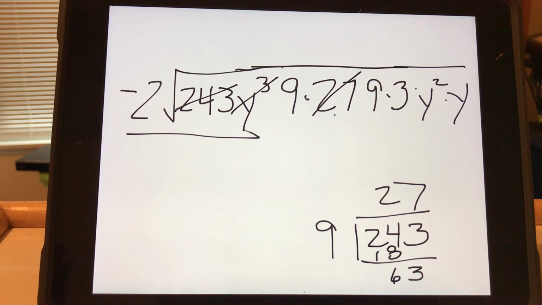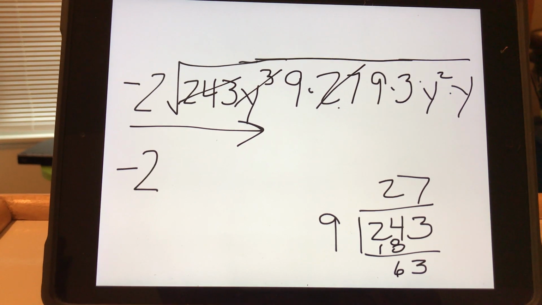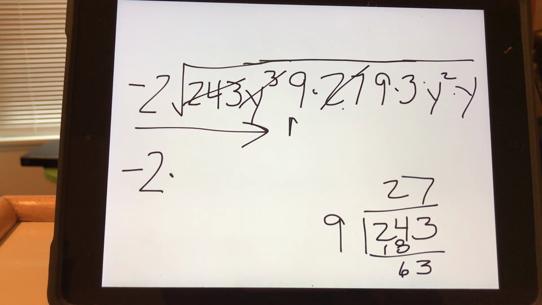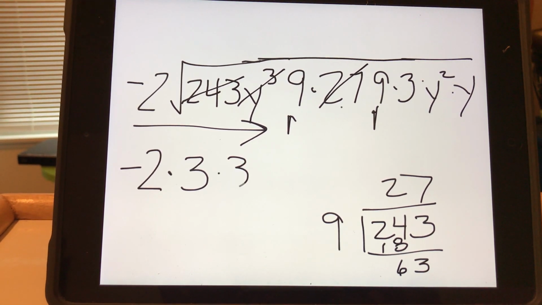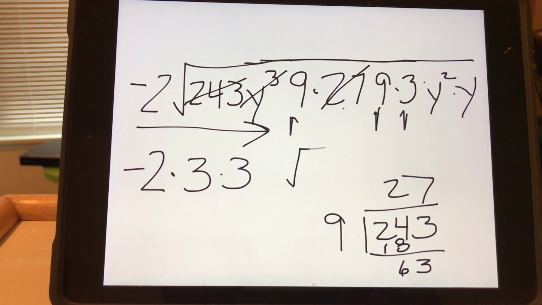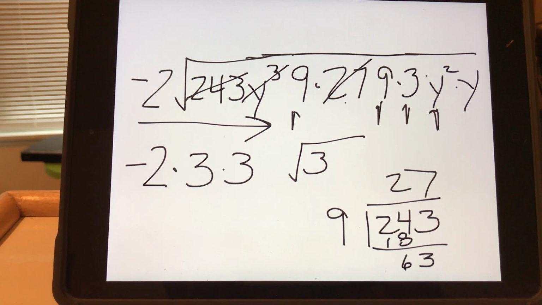Now I'm going to go from left to right. Here I go. Negative 2 was already out there. It stays. Square root of this 9 is 3. Square root of this 9 is 3. This 3 here has to stay in. This y squared comes out as a y.